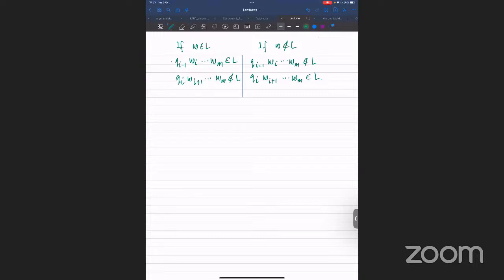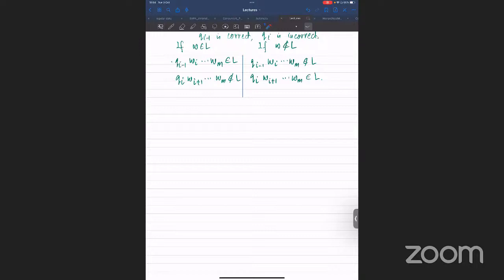In both cases, Qi minus 1 is correct, whereas Qi is incorrect. You get this, either this or this, one of the two. Clear?